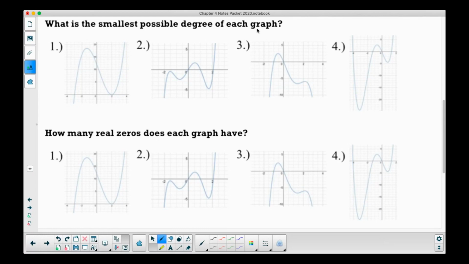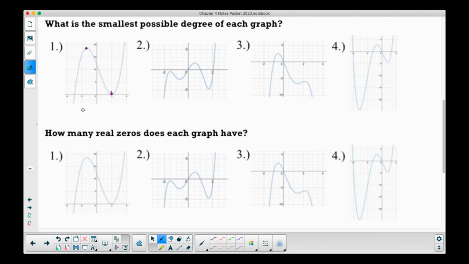What is the smallest possible degree of each of these graphs? So what's going to help you do that the best? I usually use my max and min values. If I have 2 local extrema right here, 1, 2, that means I can be 1 degree larger than that.